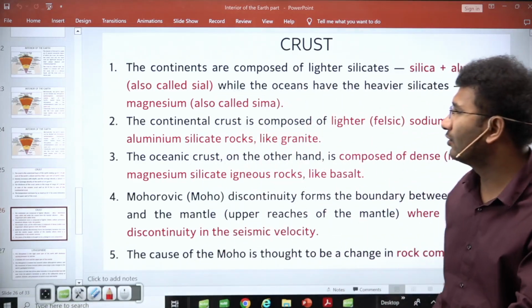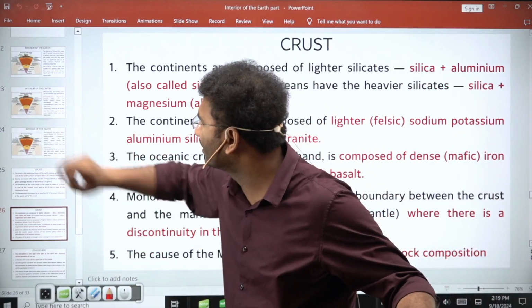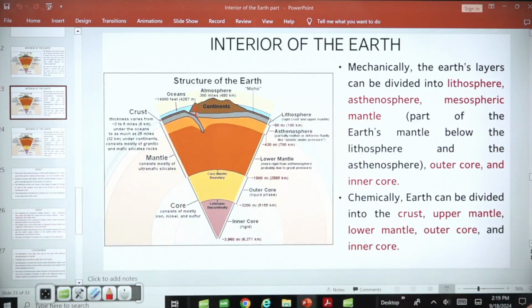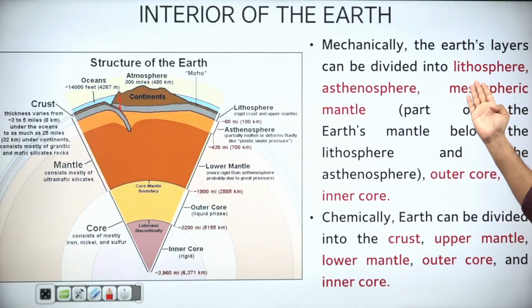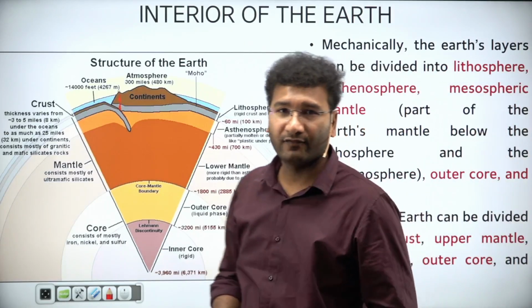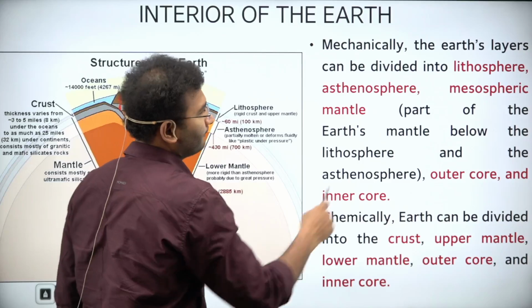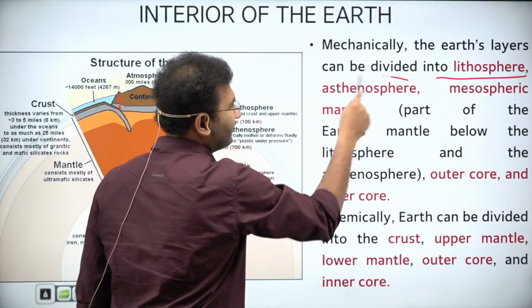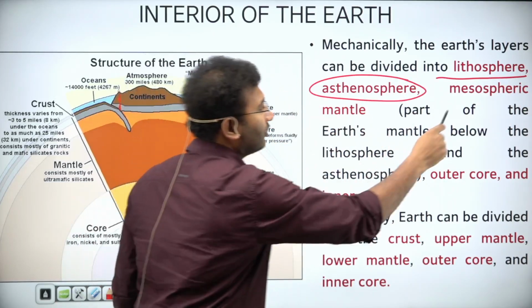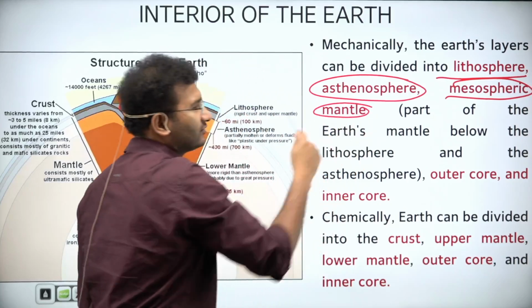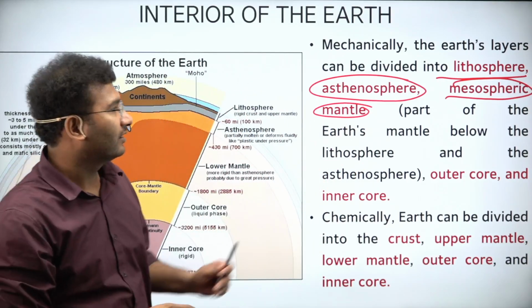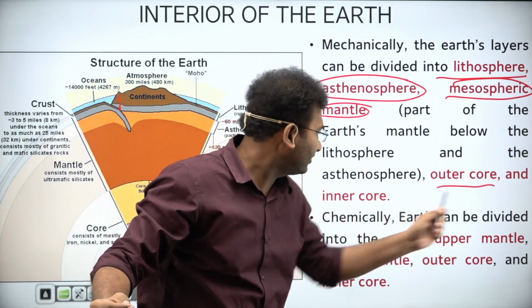In this mechanical composition, let me first show you what the layers are. One is the lithosphere, followed by the asthenosphere. You will also have the mesospheric mantle, which is also called the barysphere, then the outer core and inner core.